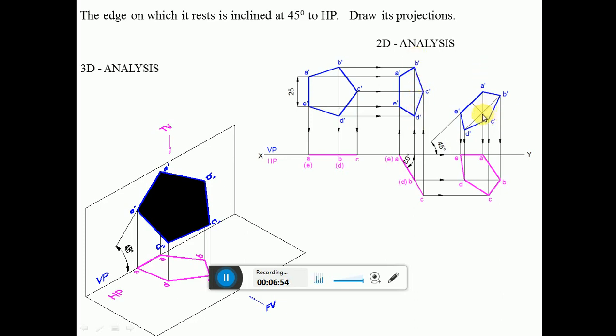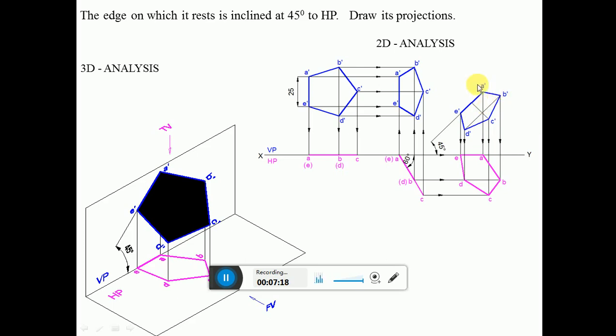From this point you cut an arc on this, and similarly from this point to this point you measure, of course it will be equal. From here you cut an arc, so you will get A dash. Join all these points, you will get A dash, B dash, C dash, D dash and E dash. So that will form the pentagon.